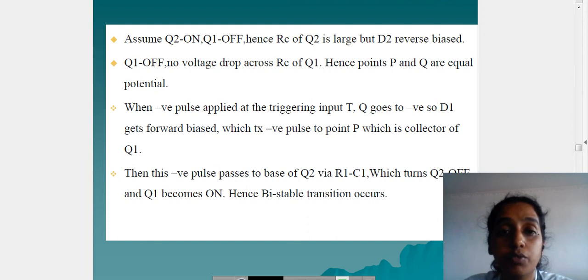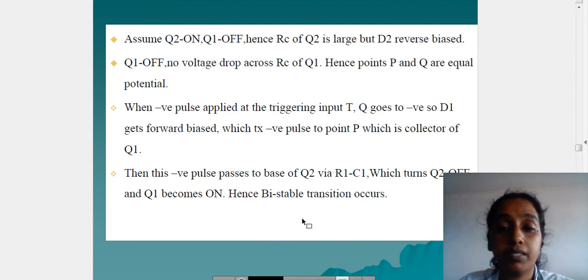First we are going to assume Q2 is in the on position and Q1 is in the off position. When the collector resistance of Q2 is large, D2 is reverse biased, with no voltage drop across RC. Hence, points P and Q are at equal potential.